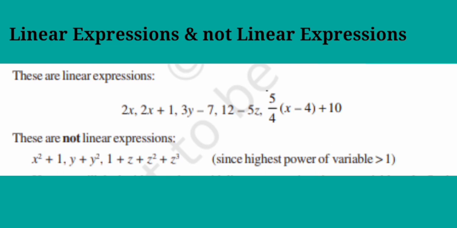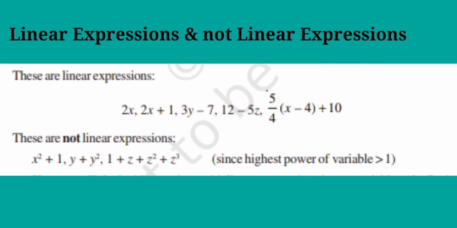In the first case, the variable is x, in 2x, and the highest power of the variable is 1. It means that if in any expression the highest power of the variable is 1, then it is called a linear expression, and if the highest power of the variable is less or more than 1, then it will not be considered a linear expression.